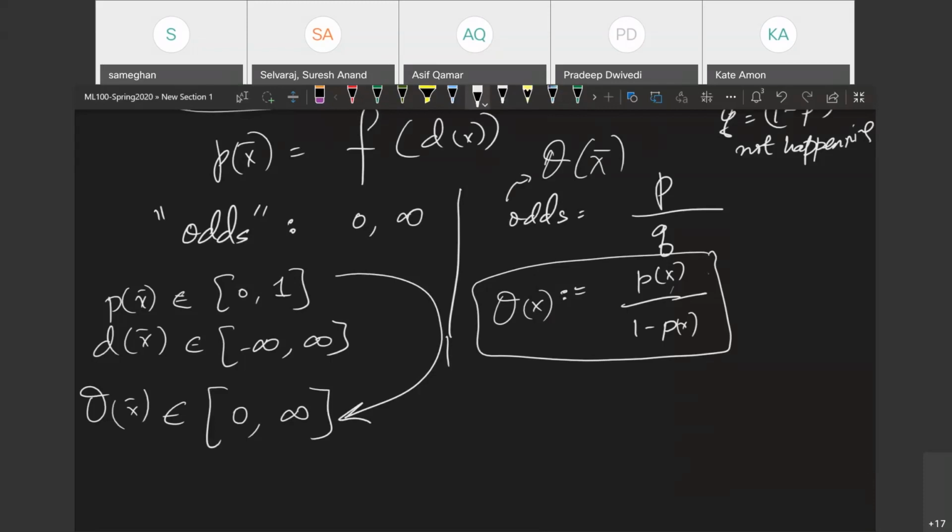Now we are almost there in creating a relationship between probability and distance. We are trying to infer what this function could be. Now comes the problem that dx goes from minus infinity to infinity, and odds go from 0 to infinity. Once you face this problem, you have to use a bit of a trick.